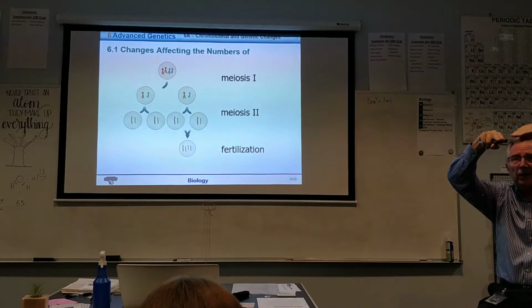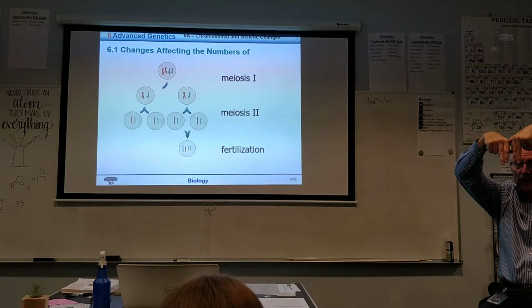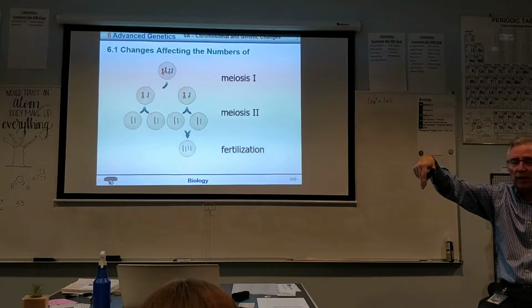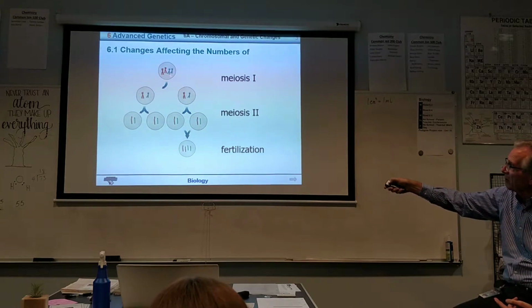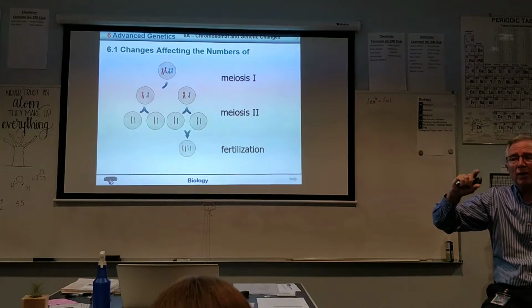we're going from 4, I have 2 of everything, and then 2 of these will go one way, 2 of these will go the other way. So you can see that 2 of these went this way, 2 went that way. So I'm going from 4N to 2N.